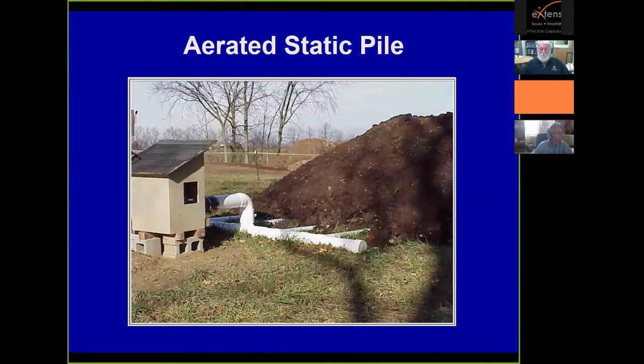With the growing interest now in composting food waste, which can be, often are, a very heavy and wet material, we're seeing a resurgence in the world of aerated static pile for the purposes of composting those kinds of materials. And there are some other advantages that we'll get into here in a minute.